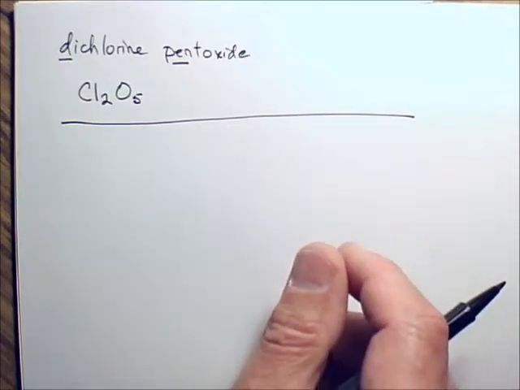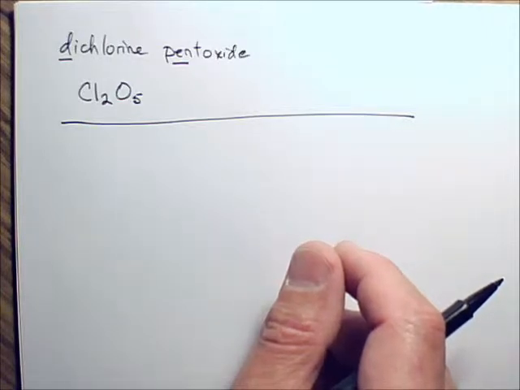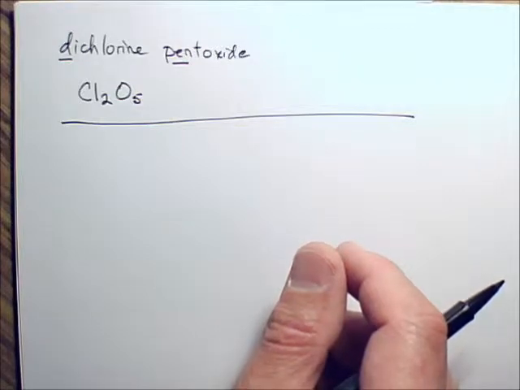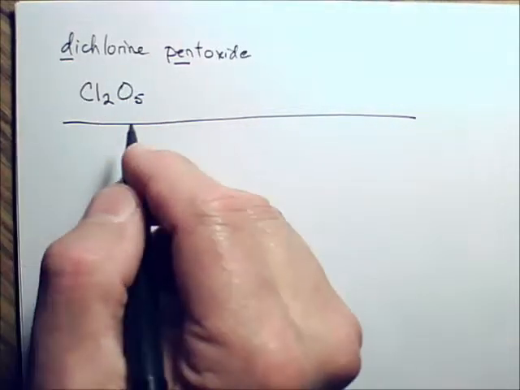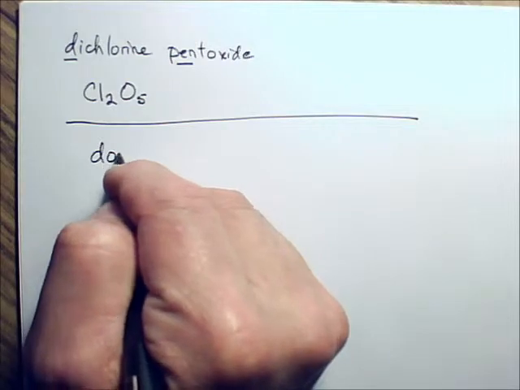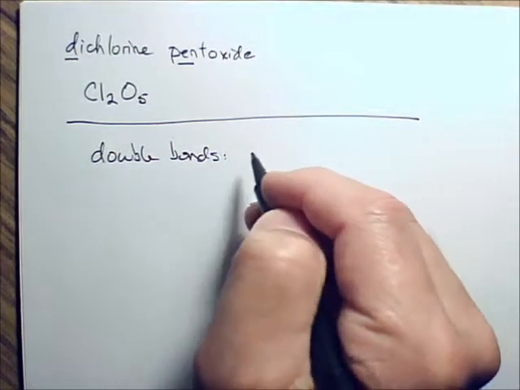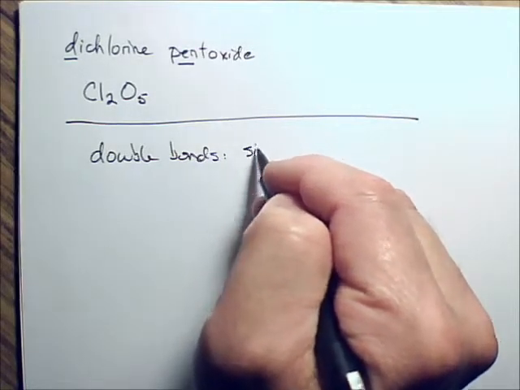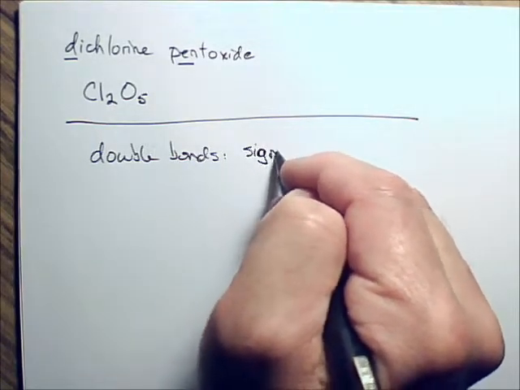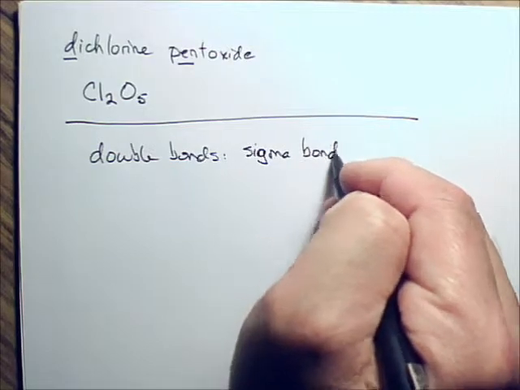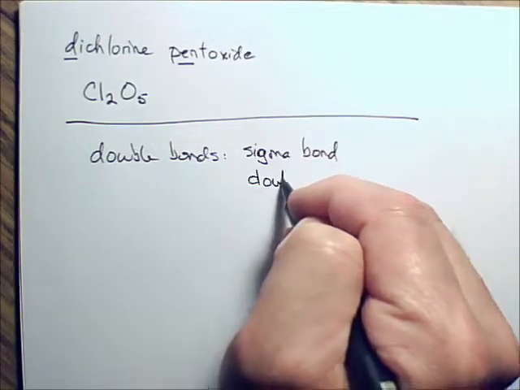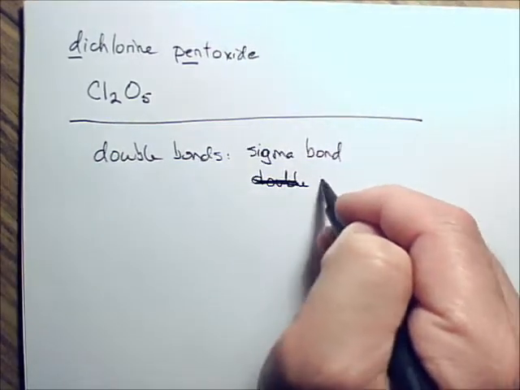Yep. And my other one was, what kind of bonds do you have in a triple bond? Double and triple. Okay, in a double bond, you've got a single bond, a sigma bond, and a double bond, a pi bond.